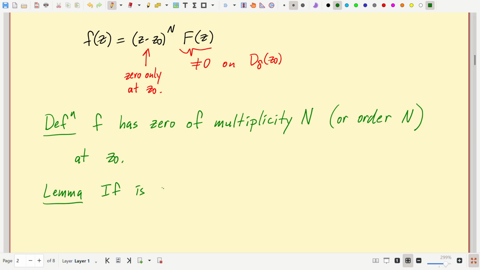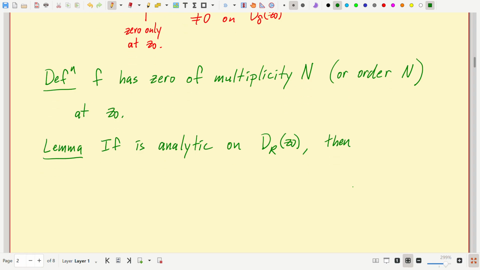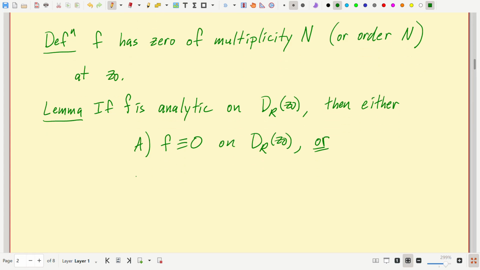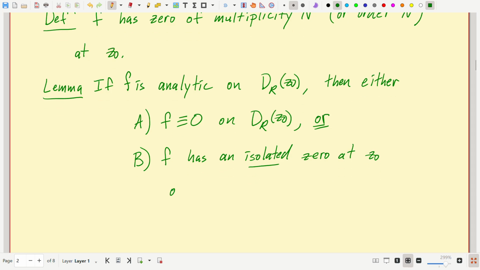If f is analytic on a disk of radius capital R about z naught, then either f is identically 0 on the disk, that's when all the coefficients are 0, or f has an isolated 0 at z naught of some multiplicity, of finite multiplicity.